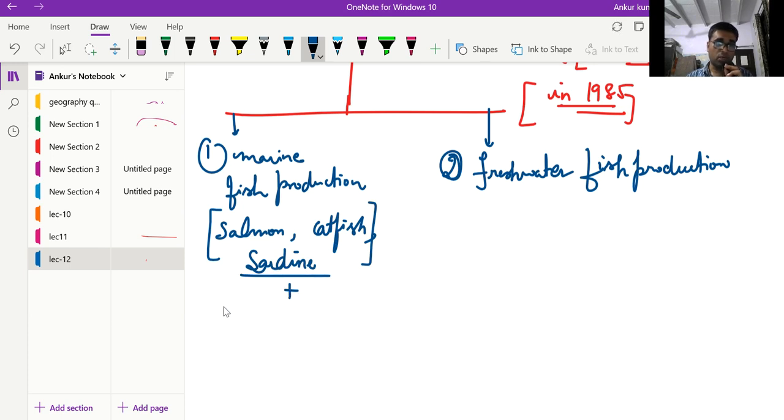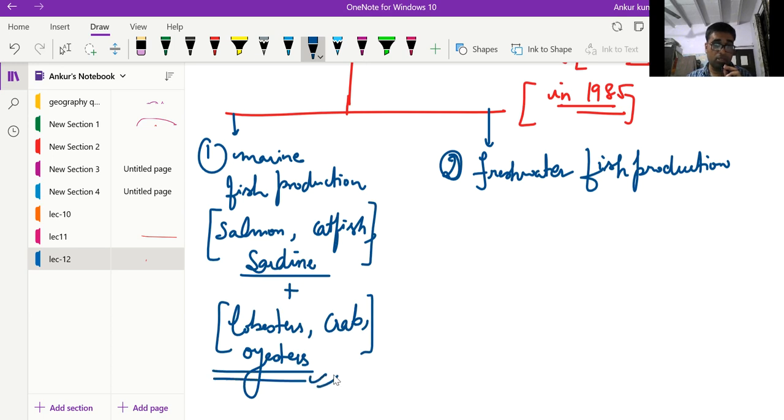Plus, along with this, the other exotic species like lobsters, crab, oysters, because these are in very high demand in the foreign markets. They are consumed at very high price in the foreign markets. So this was the focus in the marine fish production side.